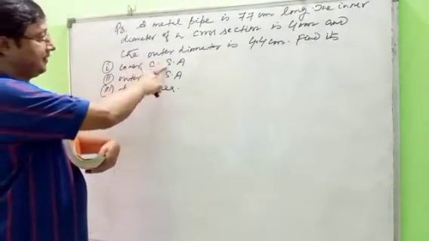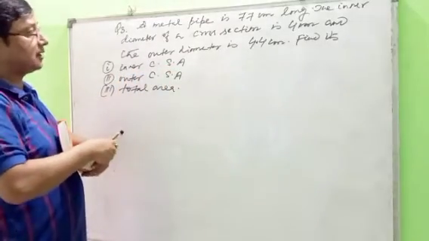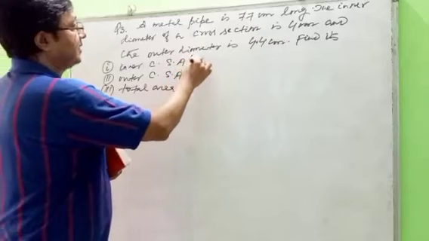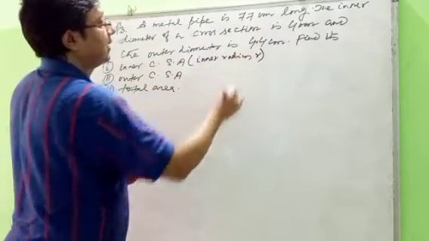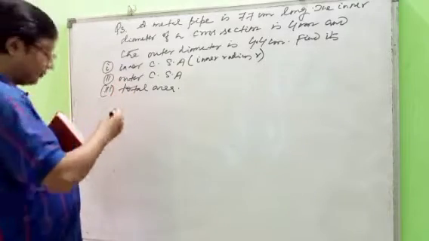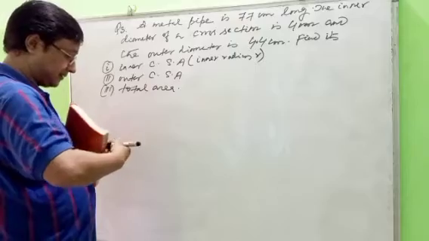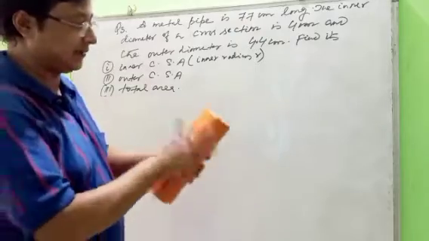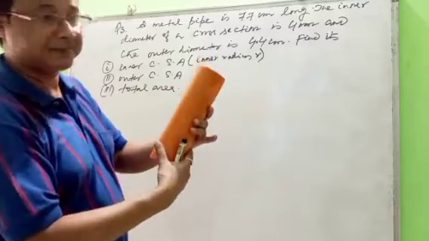So curved surface area. So for the inner curved surface, you will use the inner radius. Inner radius. That is the r, smaller. And for the outer curved surface, that means for the outer surface, that is for this surface. So the outer, this is called the outer curved surface.